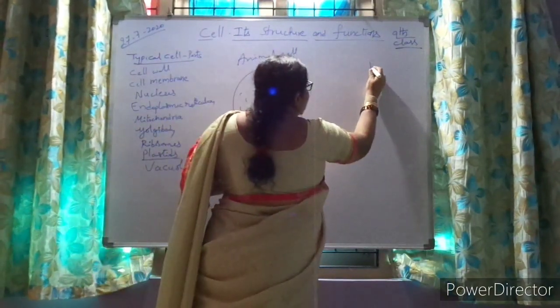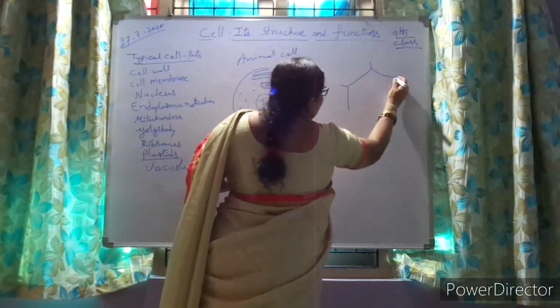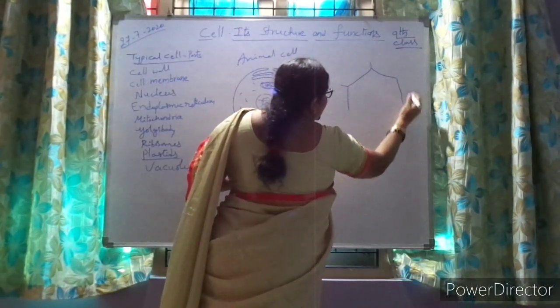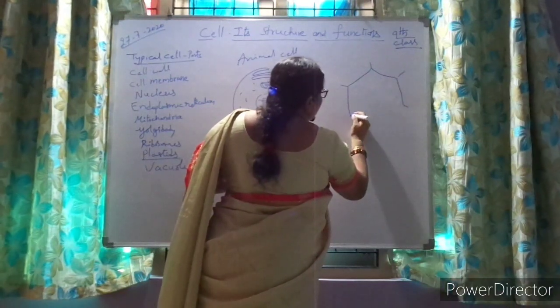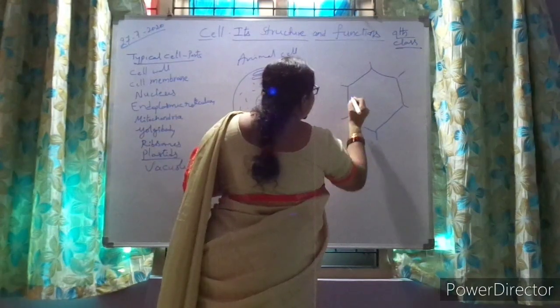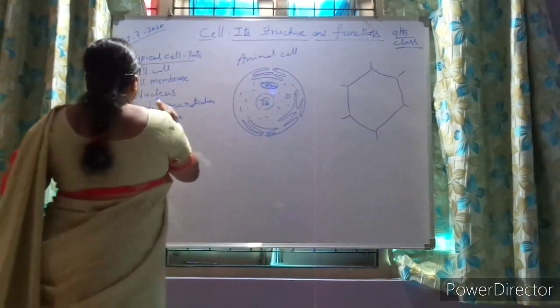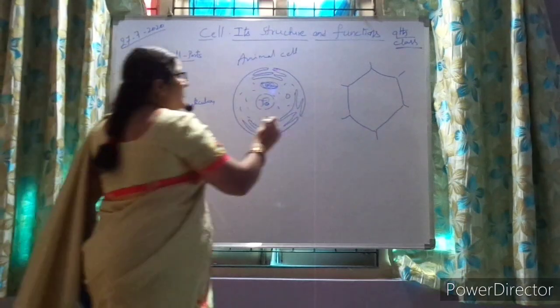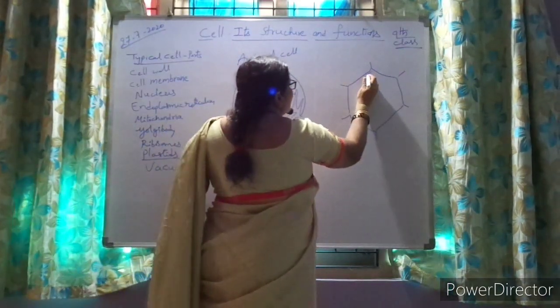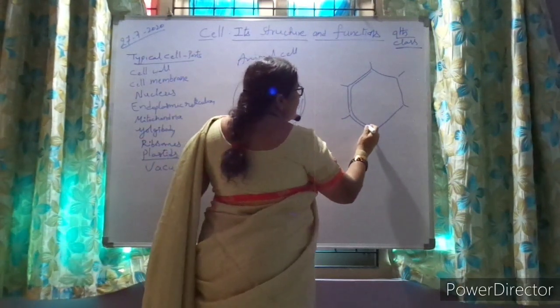If we observe the plant cell, with all these parts we can observe an extra layer present outside, which we call the cell wall. Whatever structure I am drawing is the cell membrane.